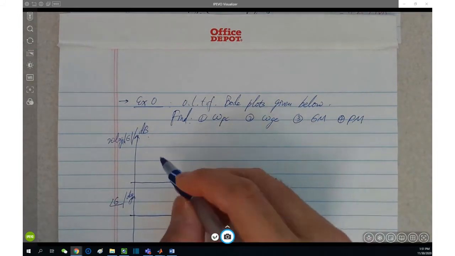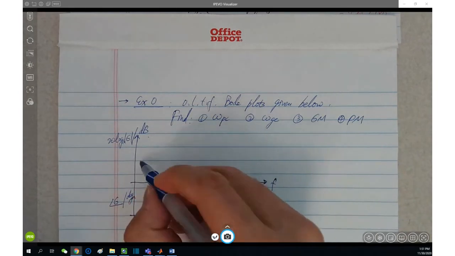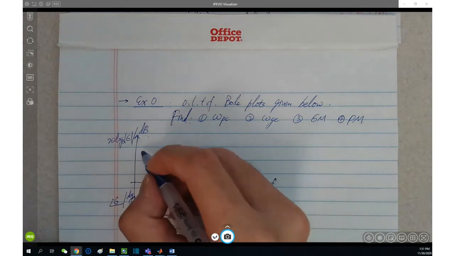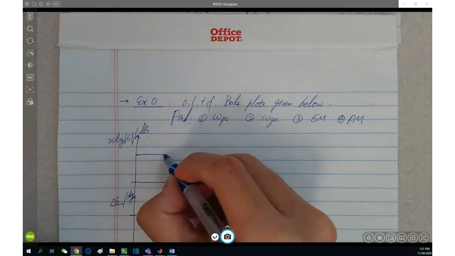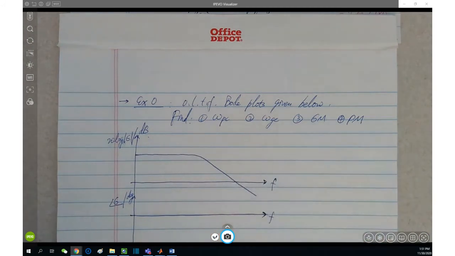So the magnitude is like this. Let's assume it looks like this.